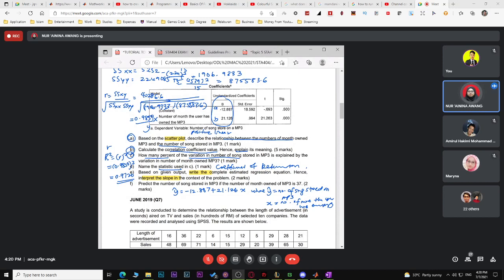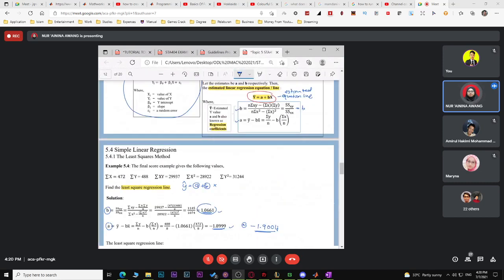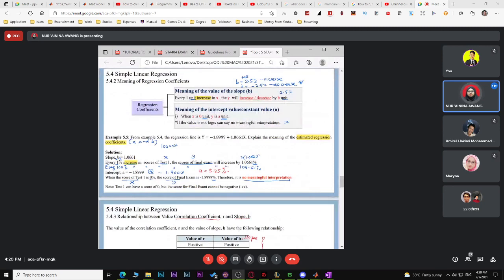And the second one is the question asks you to interpret the slope. So same as before, you just look at the general interpretation, just change the value to follow the question.